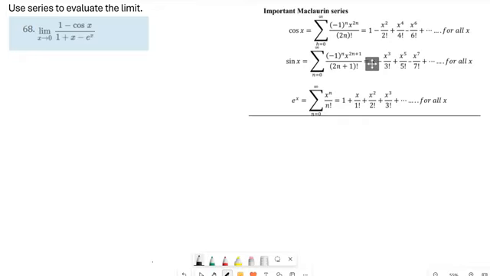Here we have another example, question number 68 from the textbook. It says find this limit. In this question, we have cosine x, which can be used using this series, Maclaurin important series. And also we have ex in the denominator. That can be expanded as this, your ex Maclaurin series. So let's write this down.